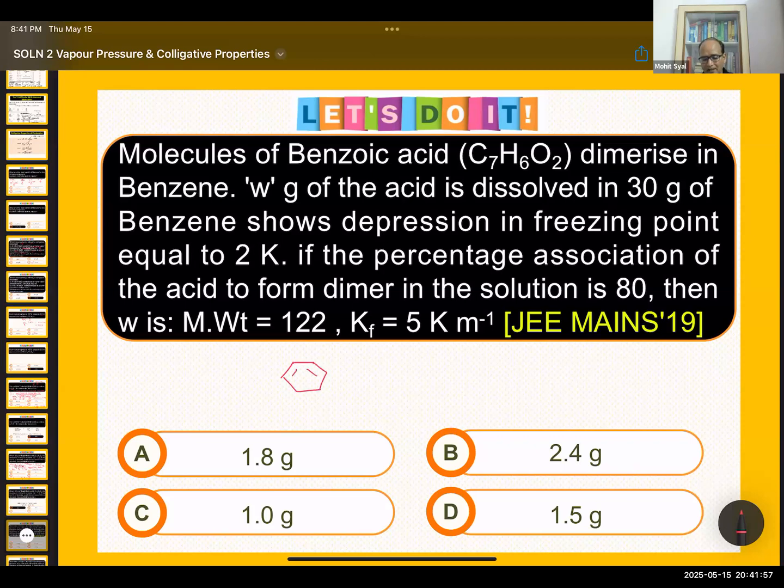How it dimerizes, I can tell you also. This is benzene and COOH. This is the structure of benzoic acid, C7H6O2. Ibrahim, Marwa, Aisha, Jaslin, can you tell me how the two molecules can combine together?